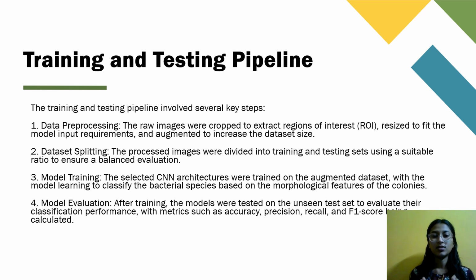Then dataset splitting: the processed images were divided into training and testing sets using a suitable ratio to ensure a balanced evaluation. Model training: the selected CNN architectures were trained on the augmented dataset to classify the bacterial species based on the morphological features of the colonies. The next one is model evaluation. After training, the models were tested on the unseen test set to evaluate their classification performance, with metrics such as accuracy, precision, recall, and F1 score being calculated.